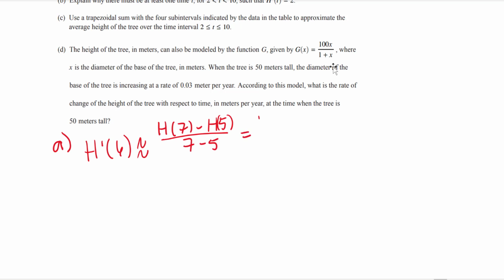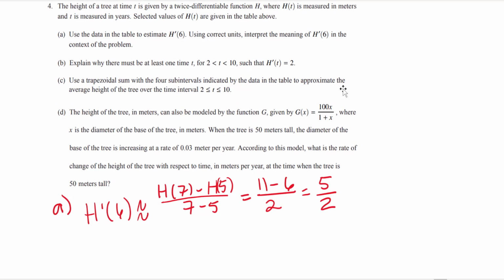So we're going to do h of 7 minus h of 5 divided by 7 minus 5. So I'm going to get 11 minus 6 divided by 2, which is 5 over 2. Now, it wanted us to interpret this as well using correct units, right?